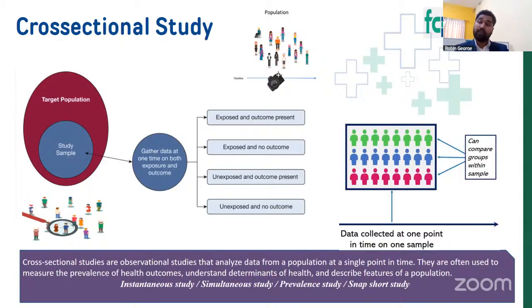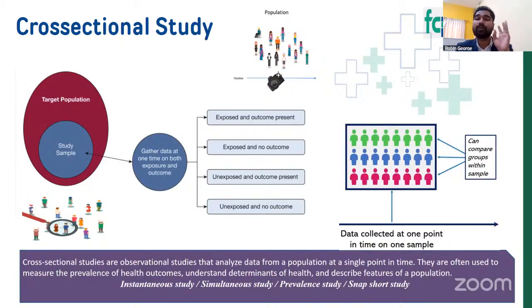So there may be newly diagnosed people as well as already diagnosed people. That's why it is a prevalence study. The cross-sectional study will give a complete picture of the population. So that is what a cross-sectional study is.